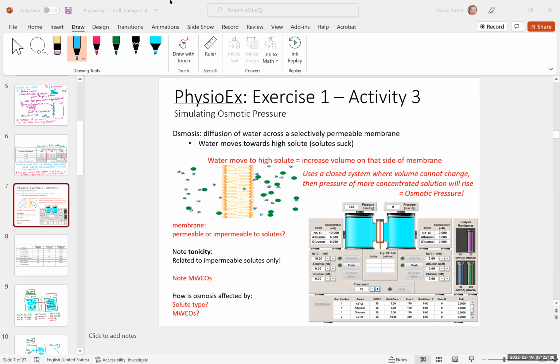And hypotonic would refer to an extracellular fluid that has a reduced concentration than the intracellular fluid. And also the tonicity referred to that the solutes were impermeable.